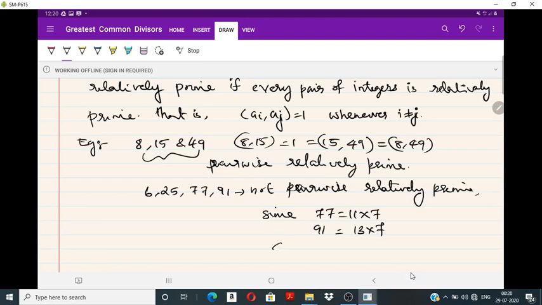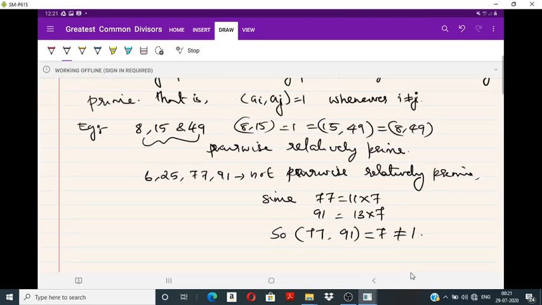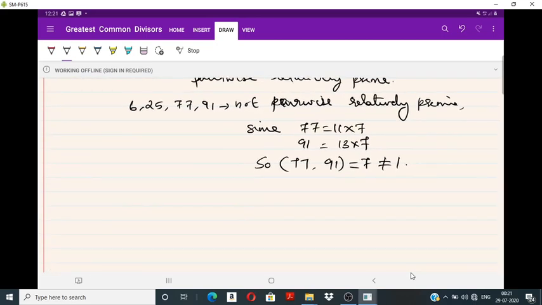So when we consider the pair 77 and 91, their GCD is equal to 7 and not equal to 1. That means this pair is not relatively prime. So we can say that this set is not pairwise relatively prime.